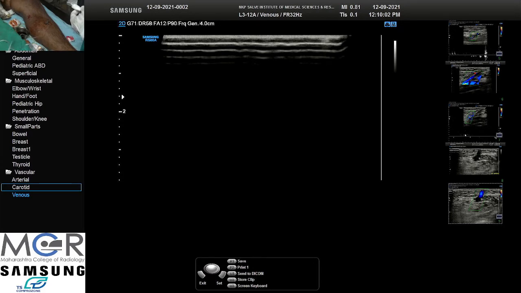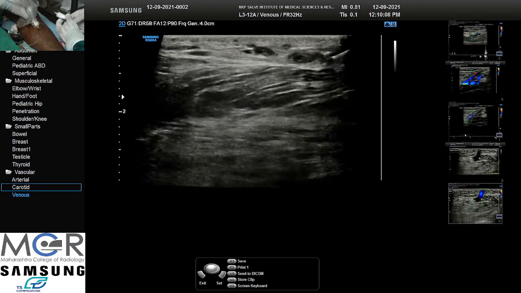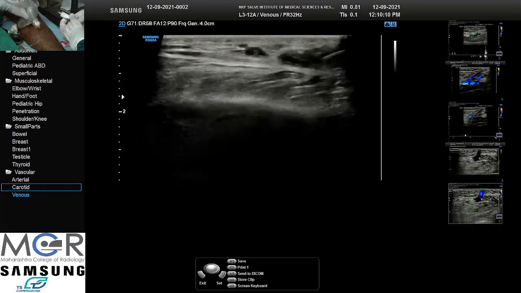No, we are not getting any backflow. It is within the lumen.